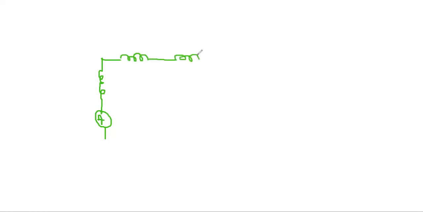Please just listen carefully. This is transformer 1. This is the transmission line. And again, we are having transformer 2. And then after that, we are having 3 motors, right?